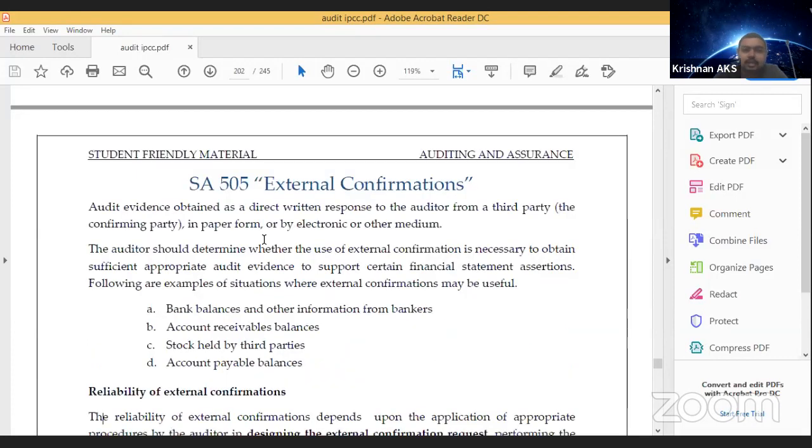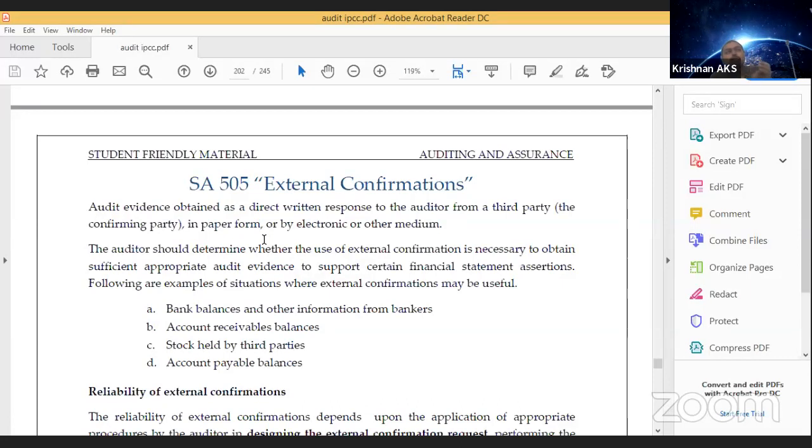Next, SA 505, external confirmation. But in segment reporting, I missed one point.